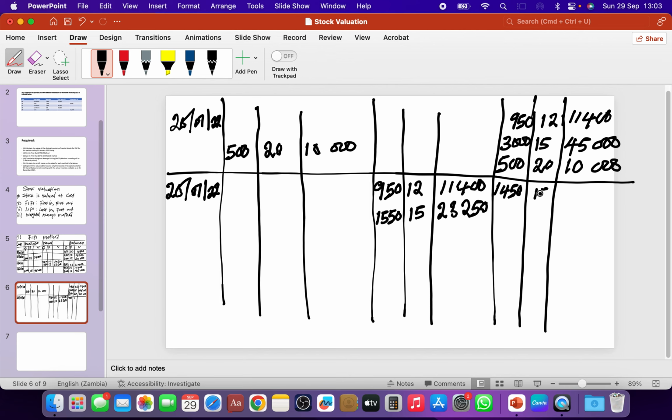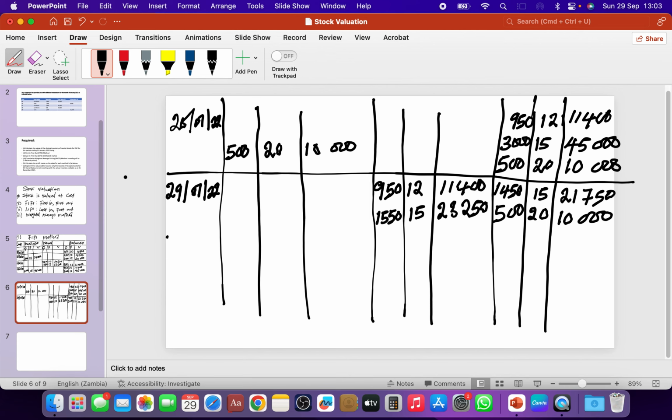Okay, at $15 each, this will give us 21,750. This batch of 500 is untouched, still the same, 500 at $20, giving us 10,000. This is on the 29th of January.